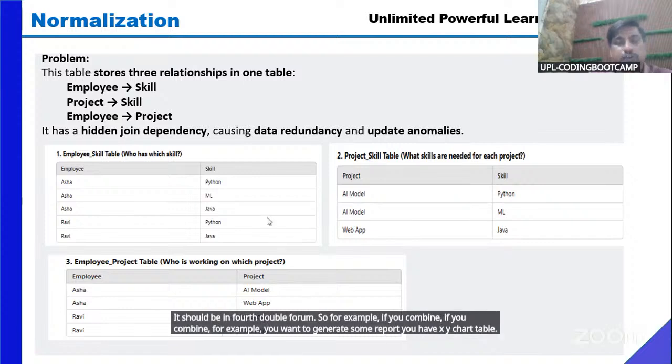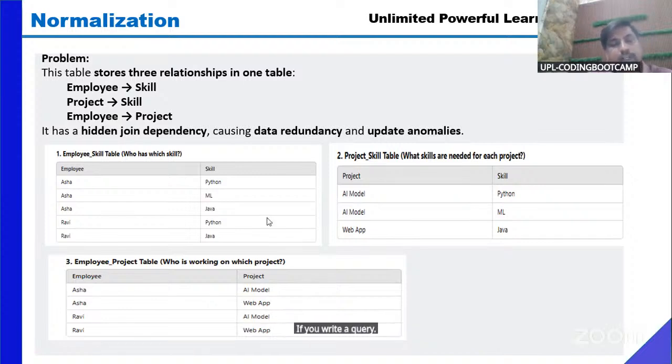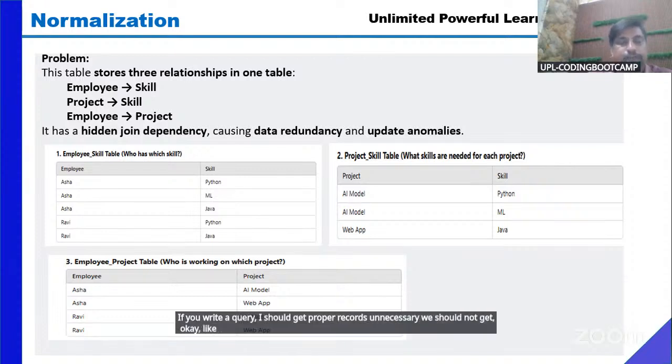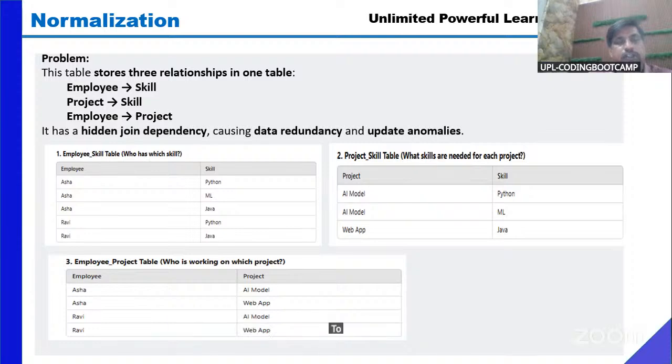If you write a query, I should get proper records, and we should not get irrelevant data. If you do wrong joining, that will happen. Sometimes there may be hidden issues that create a problem. To understand that, we look at join dependencies.